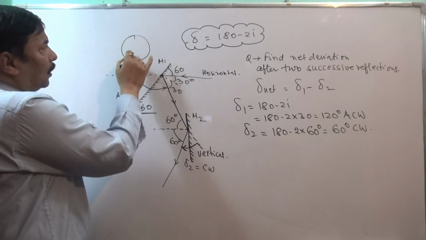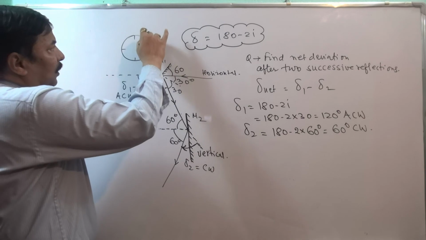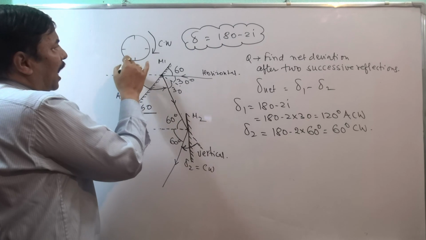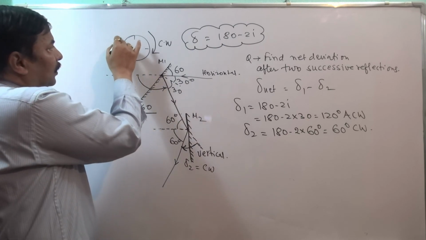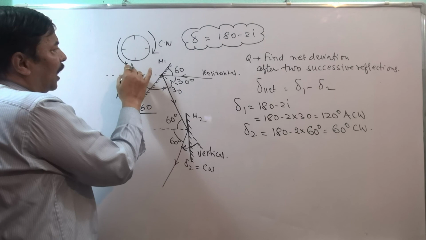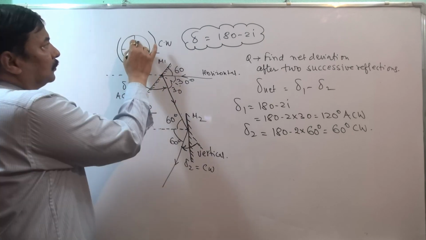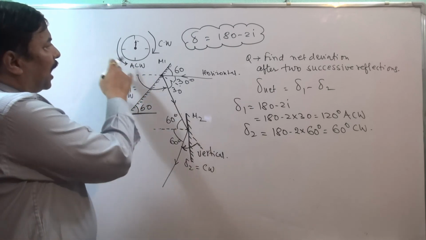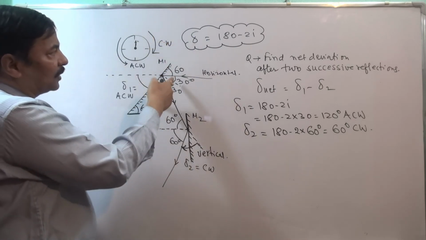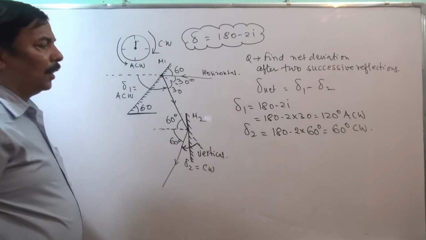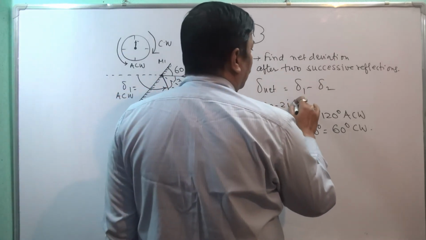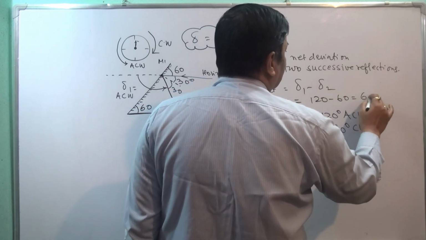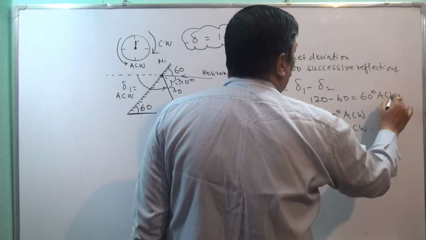If you see a clock, this direction is your clockwise and this direction is your anti-clockwise. You see, this has got this direction, this has got this direction. So what is delta net? Delta net we are getting 120 minus 60, that is 60 degree anti-clockwise.